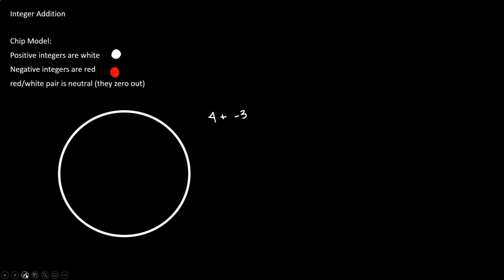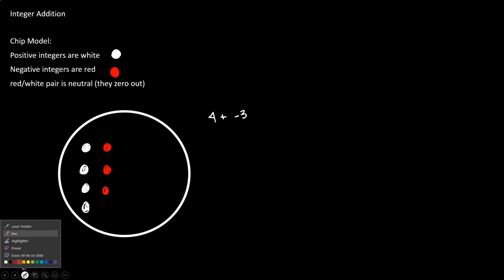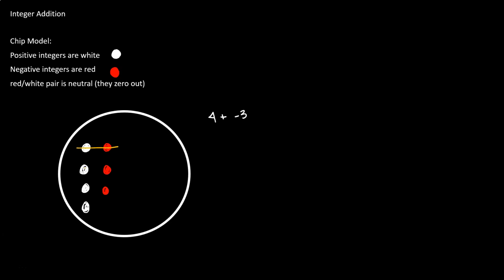So I'll do 4 white chips, 3 red chips, look for neutral pairs, remove them because they are worth nothing, and then take note of what's left. 1 white chip, meaning our answer to the addition problem is positive 1.